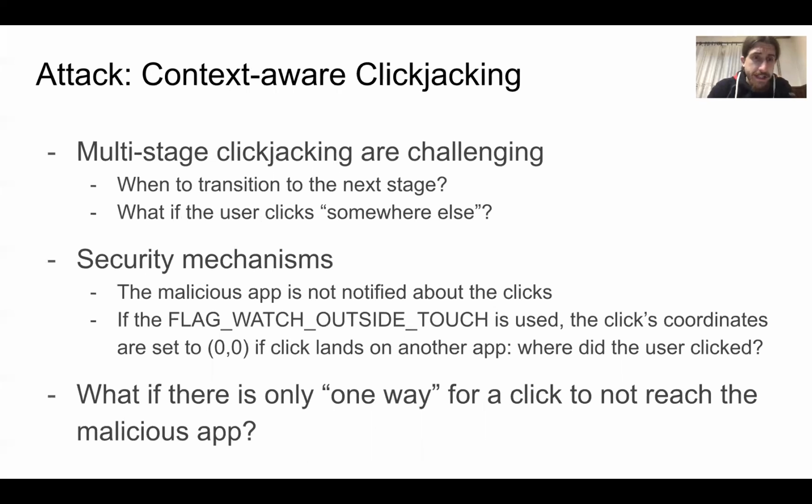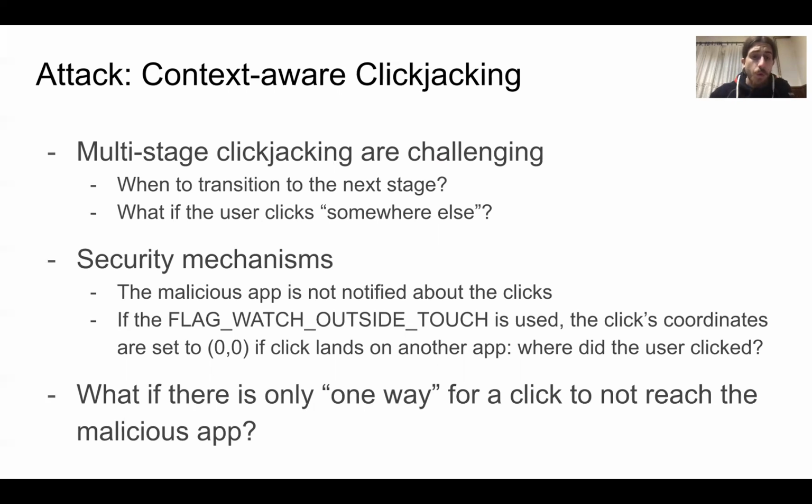Another variant of clickjacking that I focused on was context-aware clickjacking. Consider the scenario in which you don't only need to steal one click, you need to steal maybe 2 or 3 clicks from the user. I call this multi-stage clickjacking, when we need to steal click number 1 and then click number 2. And you need to answer a bunch of questions to pull these attacks off.